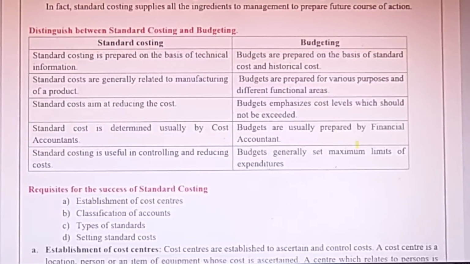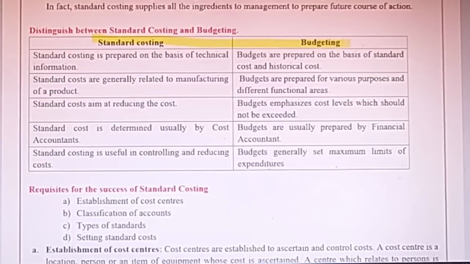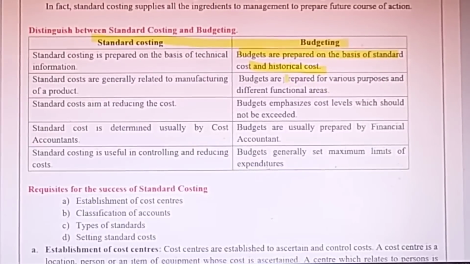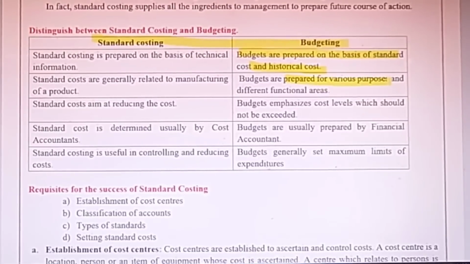One more important question that you should read about is standard costing and budgeting, the difference. Okay, basically, standard costing, we know about that. Budgets are prepared on the basis of standard cost and historical cost, and budgets are prepared for various purposes, not for one basic purpose of cost.